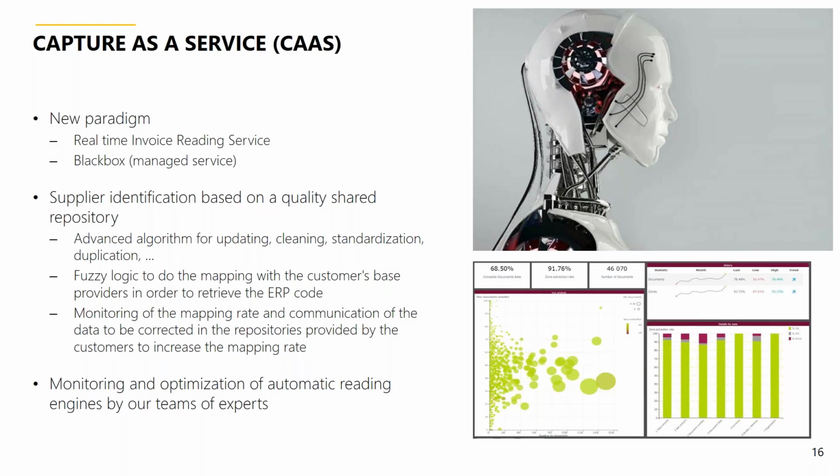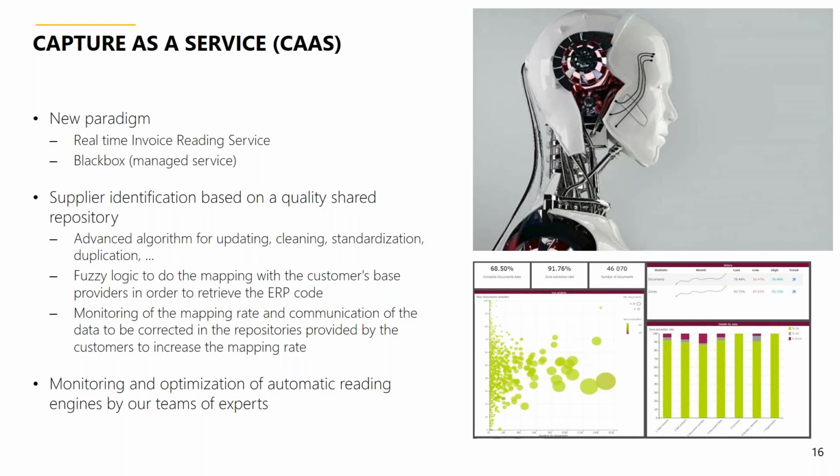Once a supplier has been identified from this, fuzzy logic algorithms are then used to link the client repository in order to retrieve the ERP code that you have internally.